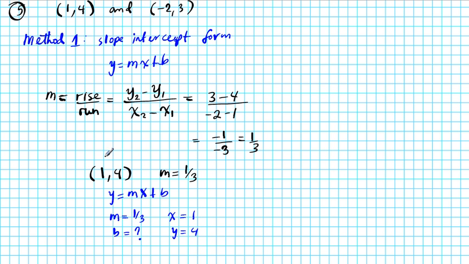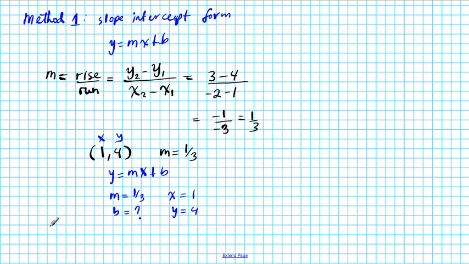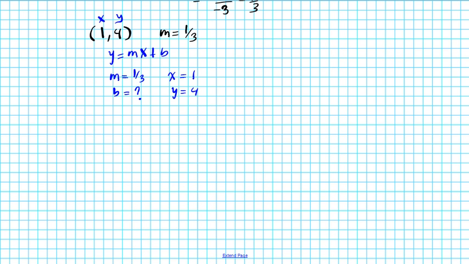Alright, so this is x, this is 1. Is what I'm going to plug in, okay? So after substituting, if we plug it in, what do we have? 4 equals m, which is 1/3, x, which is 1, plus b.